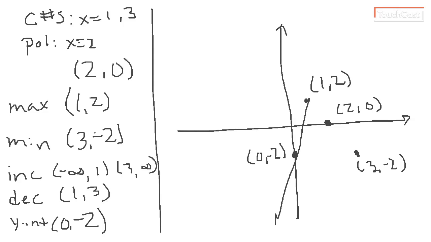So it's going to look something like that. And then we decide to go down, and at this point of inflection is where our concavity decides to change. And at (3, -2), we switch from decreasing to increasing. So we've got a rough sketch of our curve.